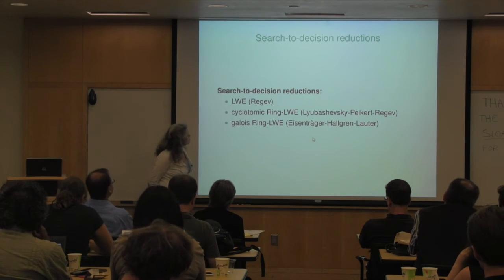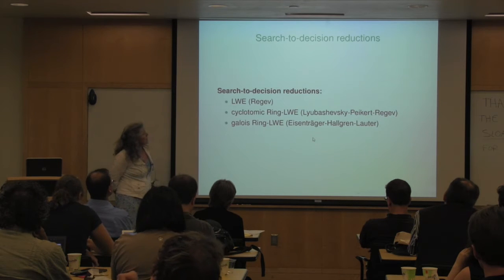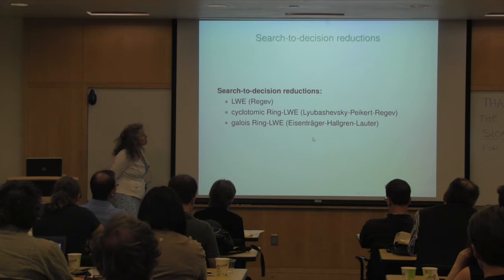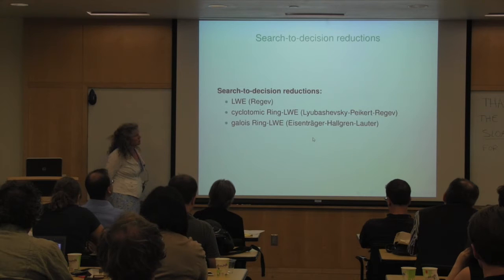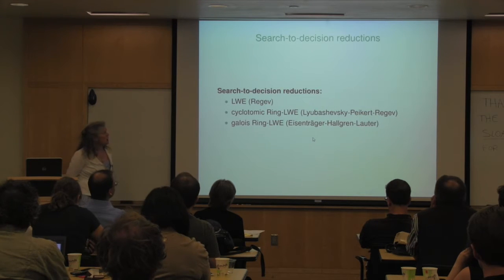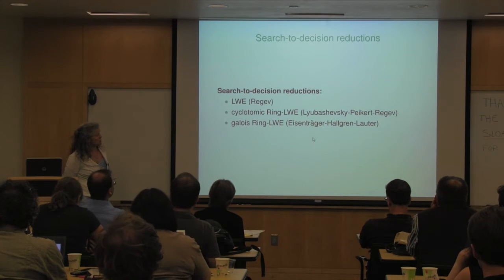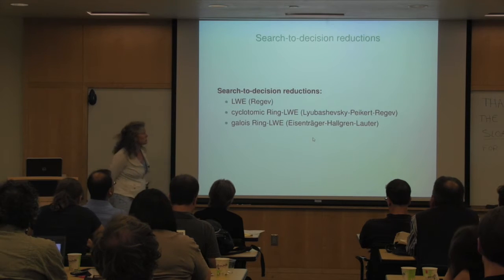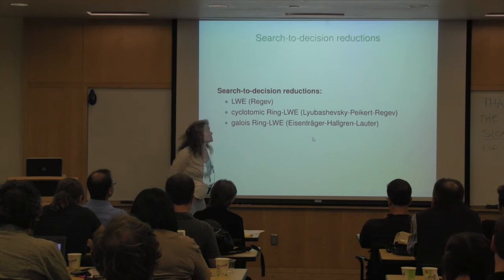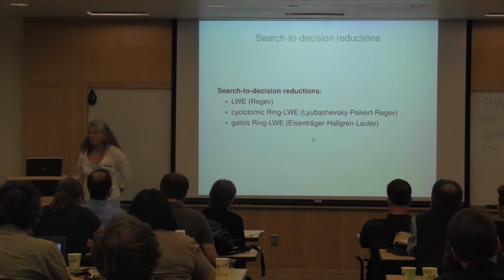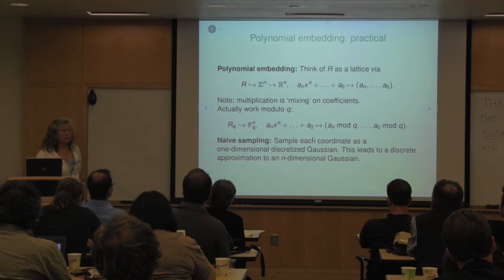This was shown for LWE by Regev, and for cyclotomic ring LWE by Lyubashevsky, Peikert, and Regev. And in joint work with Kirsten Eisenträger and Sean Hallgren, we showed this in general for Galois rings, not just cyclotomic rings, under a small assumption of 2.